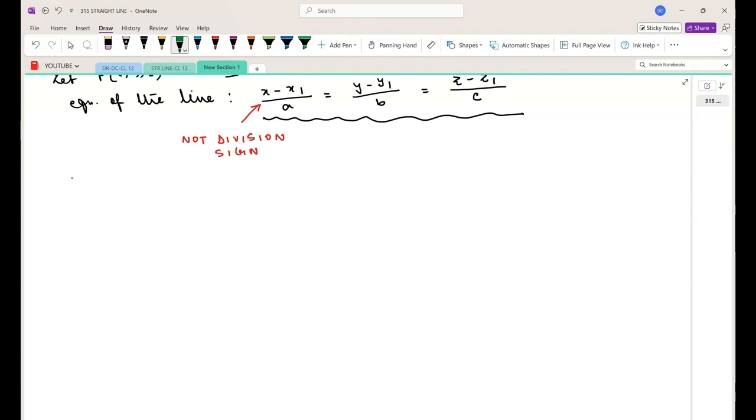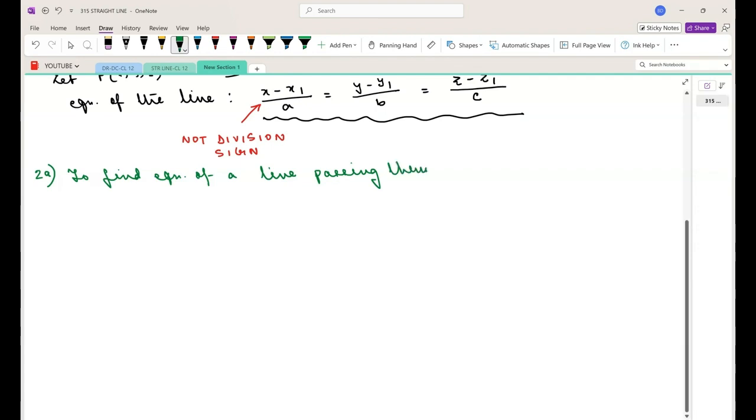The second situation, I'm numbering it 2a for the vector form, is this: two points are given whose position vectors are a and b respectively.